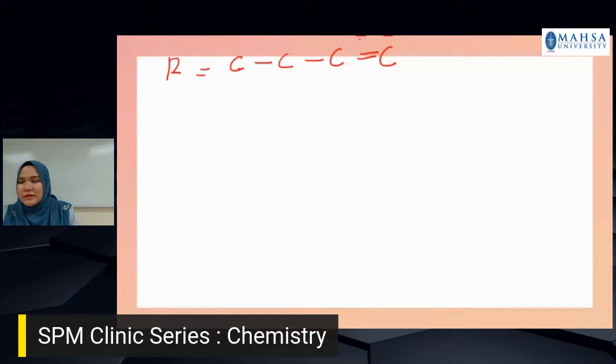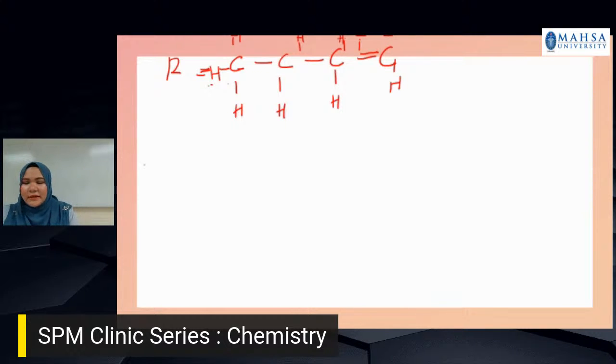So here you can see you have H, here you have H, here you have H, and here you have H. Here you have H, you have H as well over here, and H and H over here.